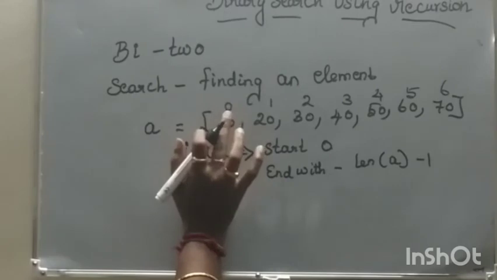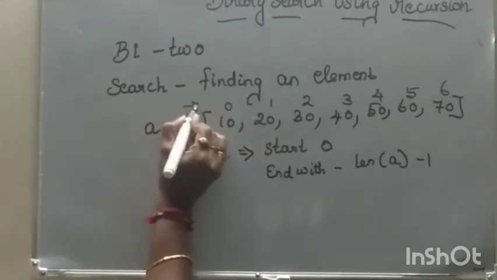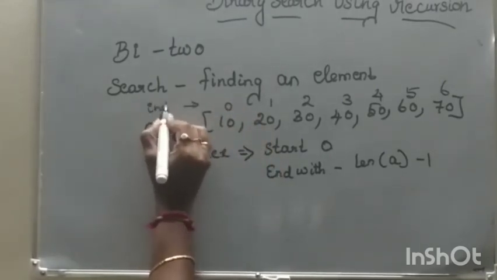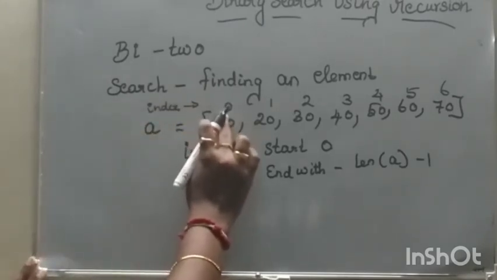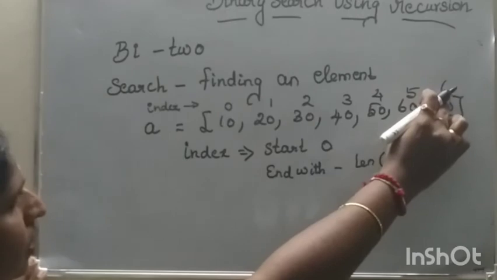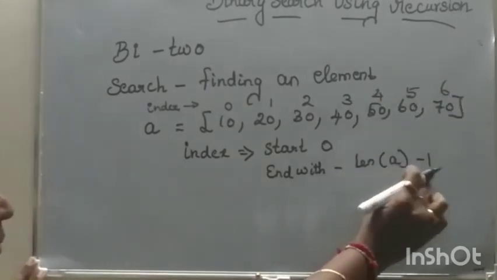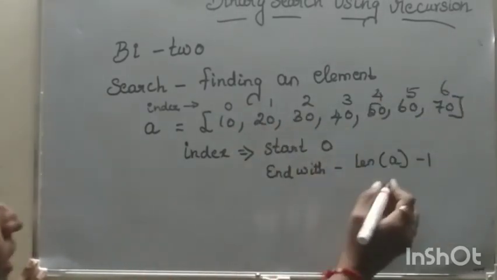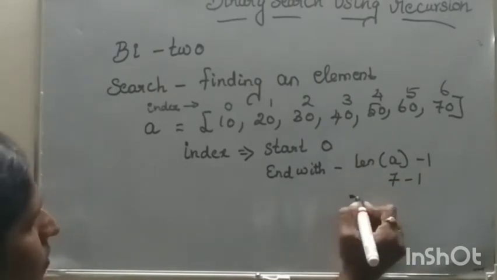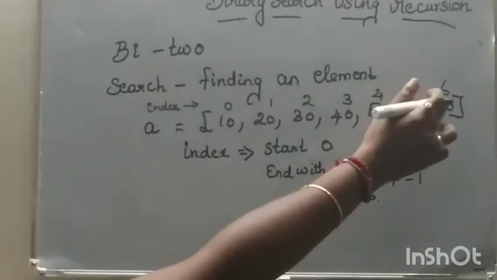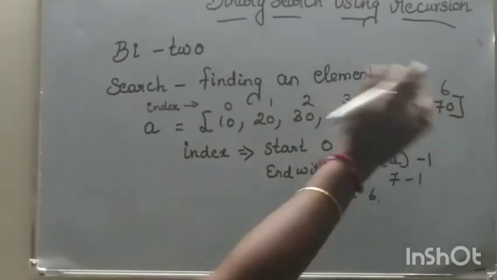The above numbers are referred to as the index. It starts from 0 and ends with length of A minus 1. Here length of A is 7, and 7 minus 1 is 6. So your index for the last number is 6.